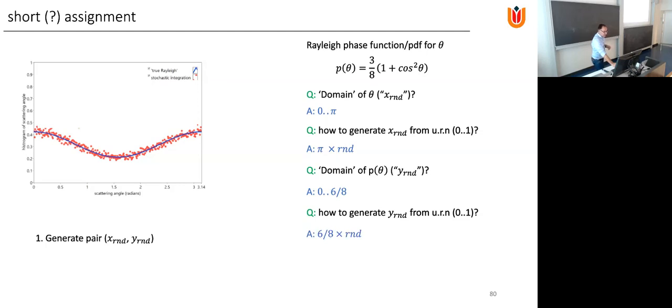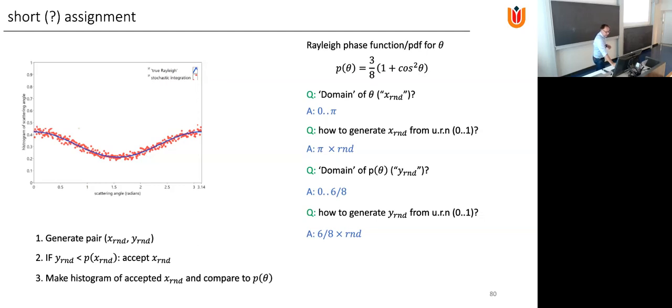So I'm generating a pair of x and y values, and I'm going to accept them if they fall on the curve. And then from these accepted values, I can make a histogram and compare it to the phase function. And actually, this is what you see in this graph over here.